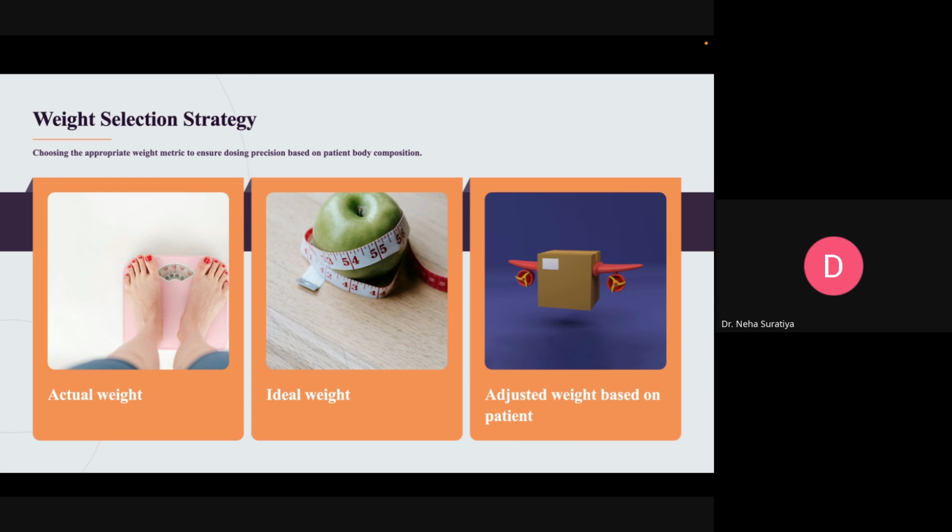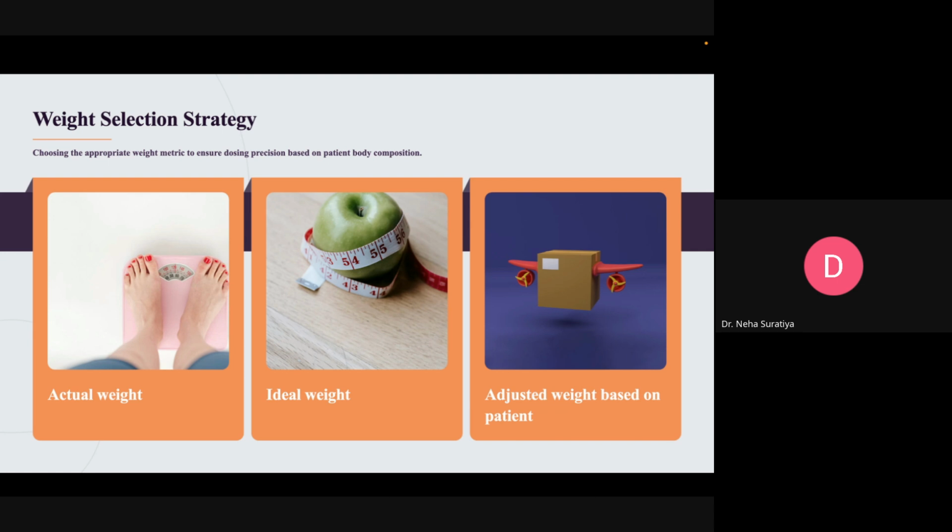I am explaining it in a very simple way. If the patient is normal, you will take the actual body weight of the patient. If the patient is underweight, guys, what will you take? For underweight also, you will take actual body weight. Please remember, in renal impairment cases, if you are doing a creatinine clearance calculation, weight is a very big factor.